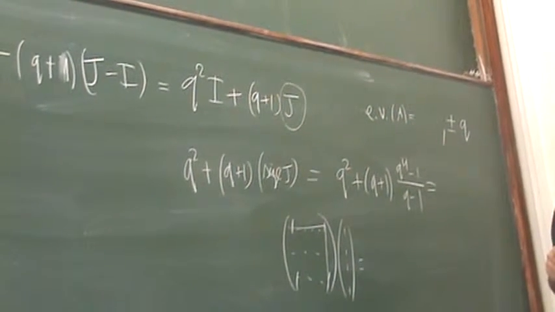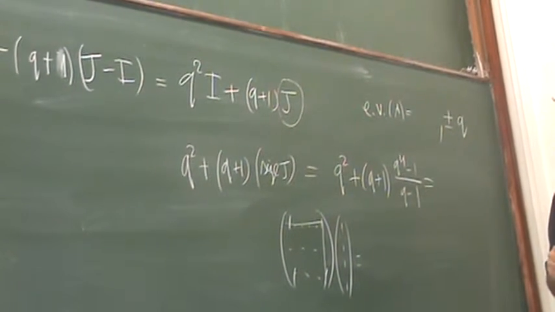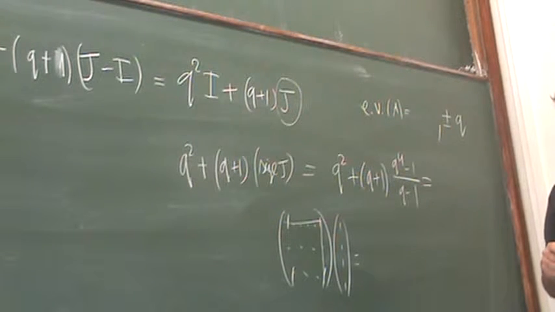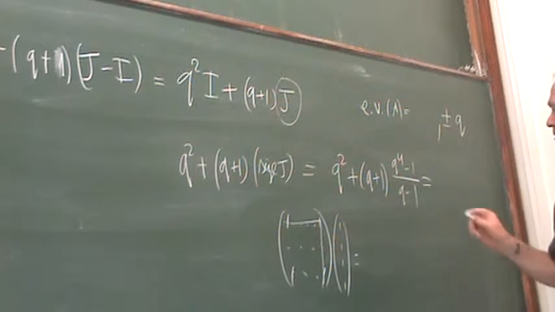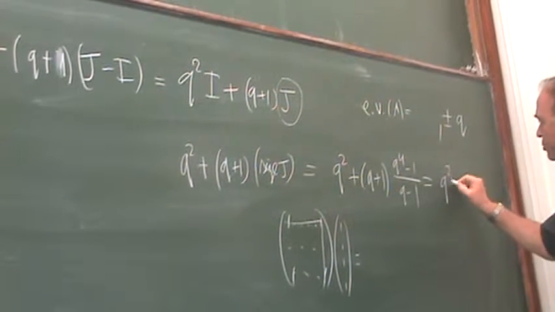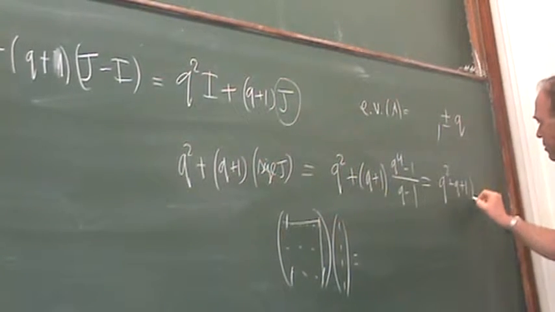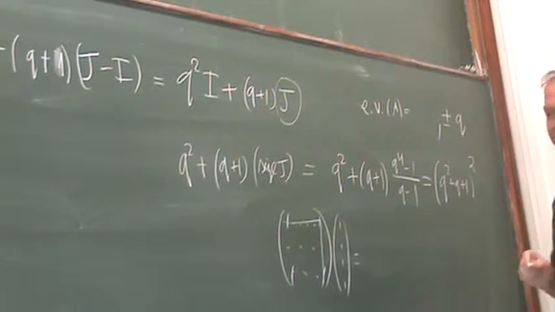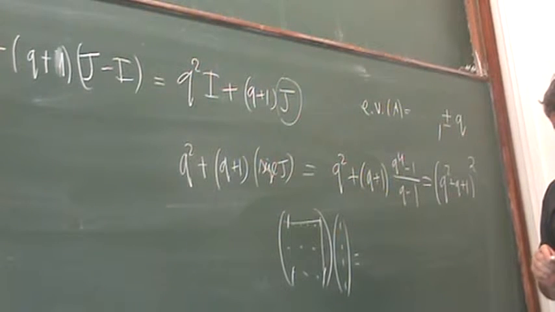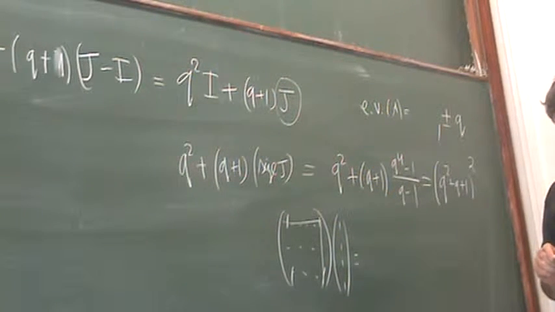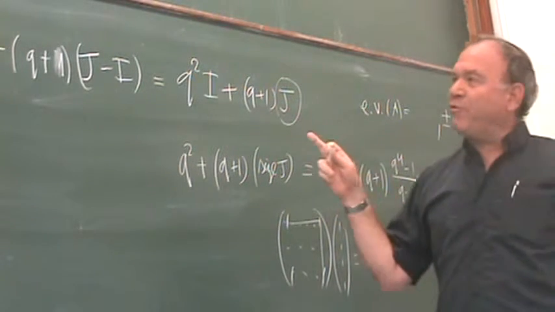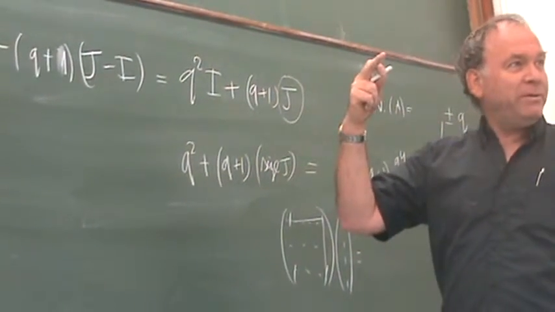What is the outcome? What should be the result? Don't compute. You should know. It's q squared plus q plus 1, squared, because this should be an eigenvalue not of A, but of A squared.